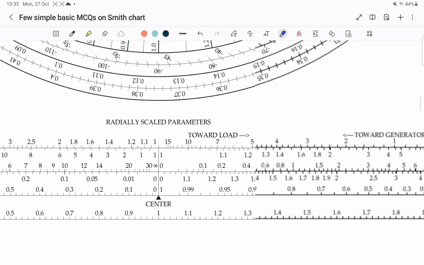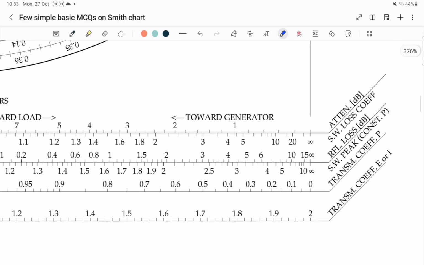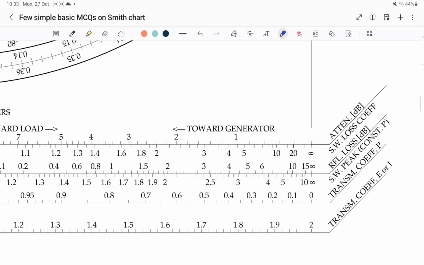Similarly, if you move towards the extreme right of this scale, you will find parameters such as attenuation in dB, standing wave loss coefficient, reflection loss in dB, standing wave peak, transmission coefficient in terms of power, and transmission coefficient for voltage and current.